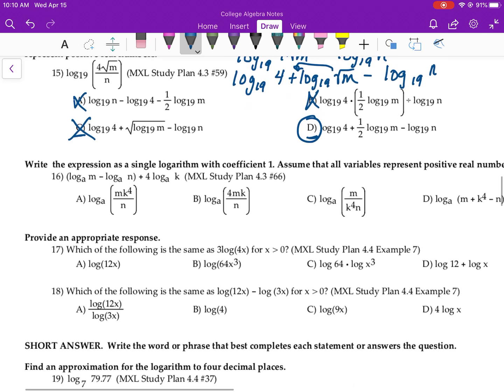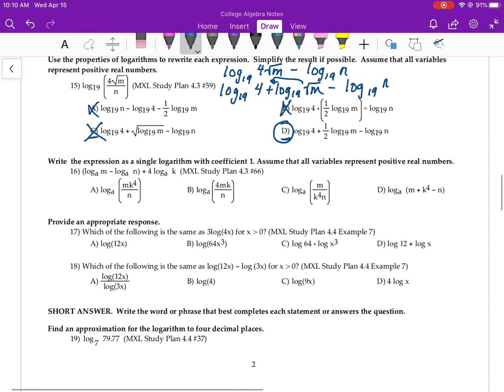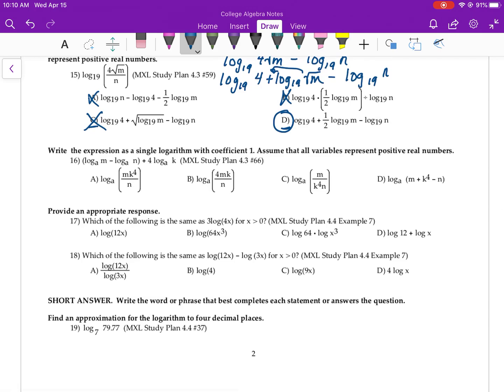Okay, on this one, I'm going to be looking for m over n, and the k has the fourth power. Well, that takes care of choice B and choice D. Now, here's a good way to do this problem.